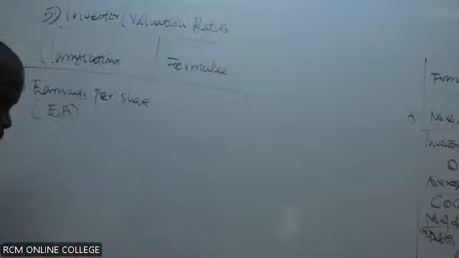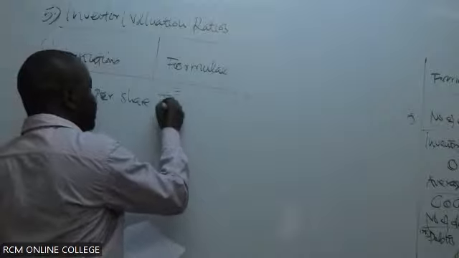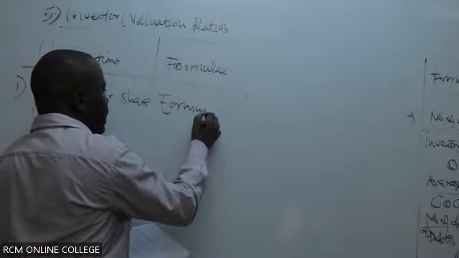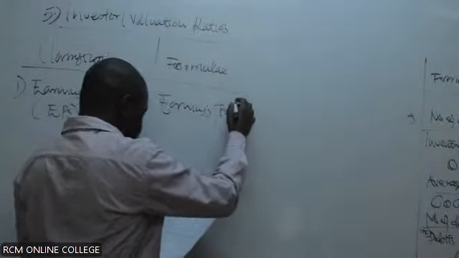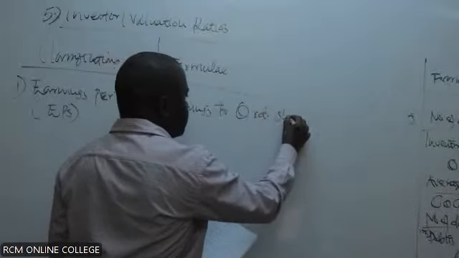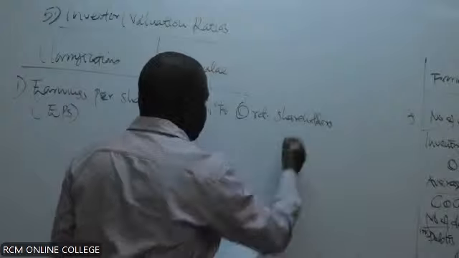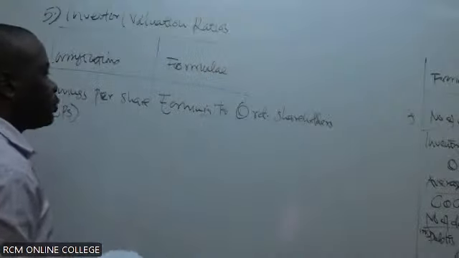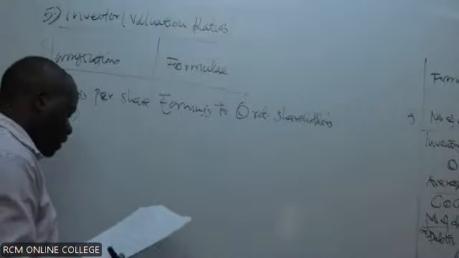You take the earnings attributable to ordinary shareholders, or simply earnings to ordinary shareholders.